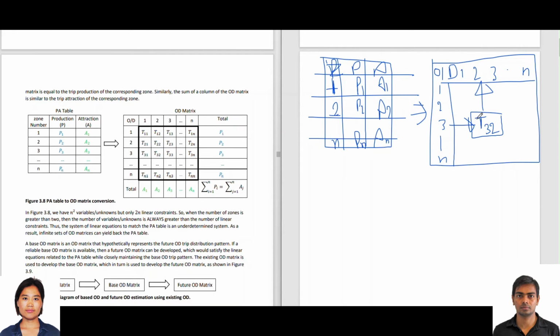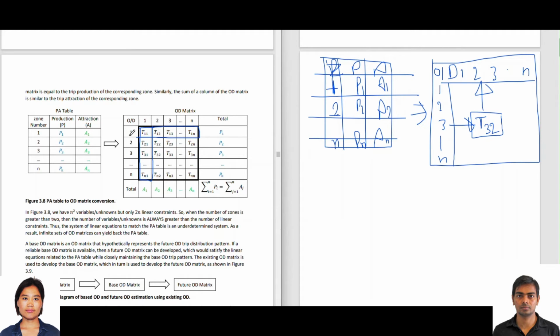The important thing about this table is that the sum of all the numbers in the column needs to be equal to the total attraction, and the sum of all the numbers in a row needs to be equal to production. Because if you think about it, T11 is the total number produced at zone 1 going to zone 1.